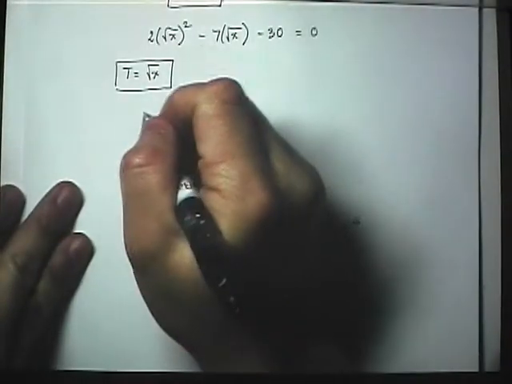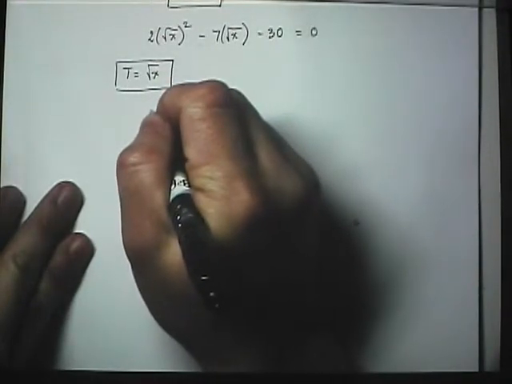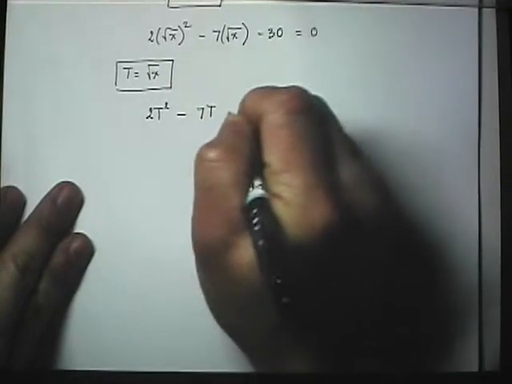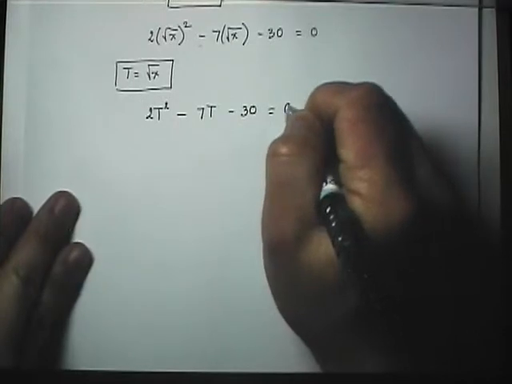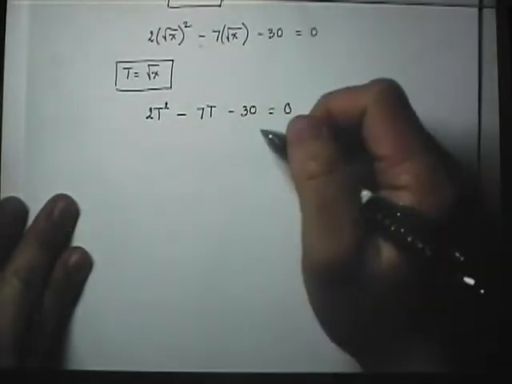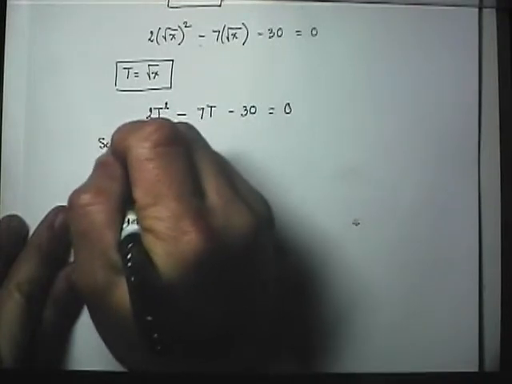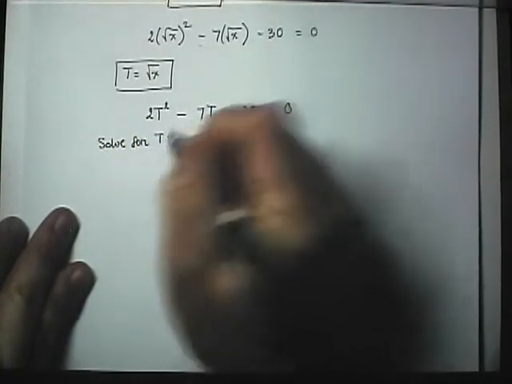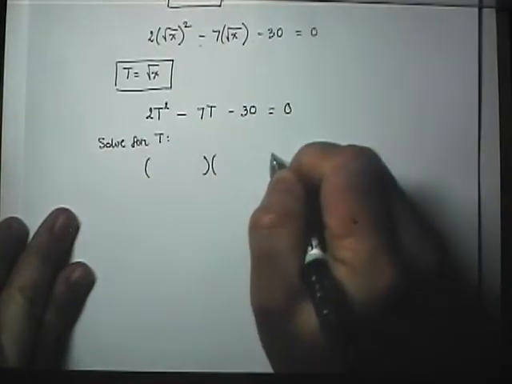Now, after I made the substitution, my equation turns out to be 2t squared minus 7t minus 30 equals 0. Just like usual, we switch over to solve for t, and factoring can once again be used here.